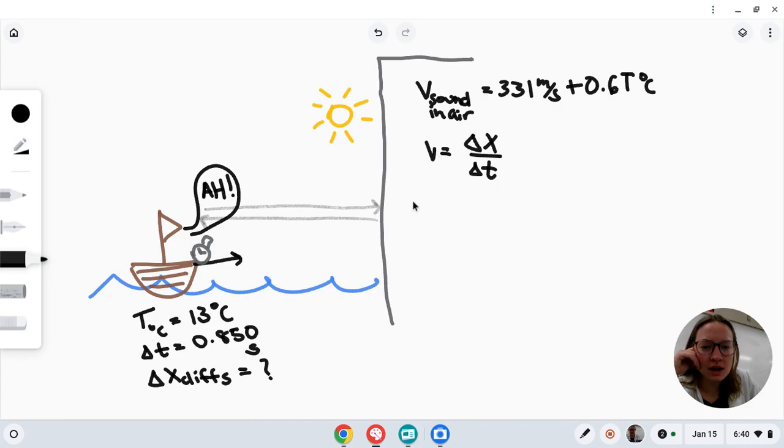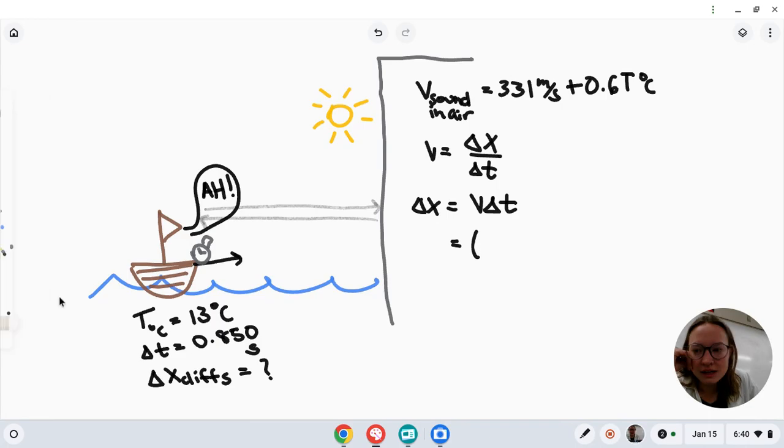Well, we know that delta x, in this case, is going to equal v times delta t. Plug in the speed of sound in air, and you get that this equation is going to look like 331. Wow, that's a terrible three. I just feel embarrassed by it. I'm sorry. I wish I could move on, but I simply cannot. Okay, let's try again.